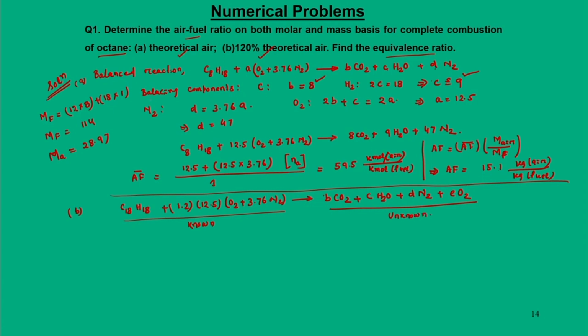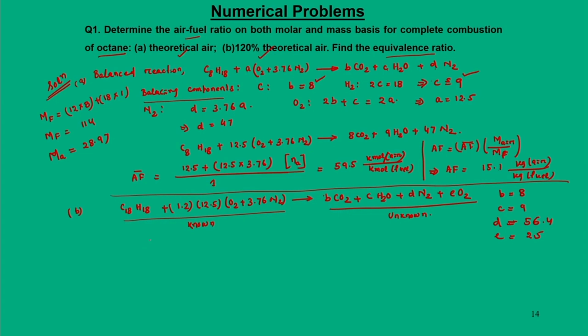By repeating the same principle of balancing the components, we get B is equal to 8, C is equal to 9, D is equal to 56.4, and E is equal to 2.5.